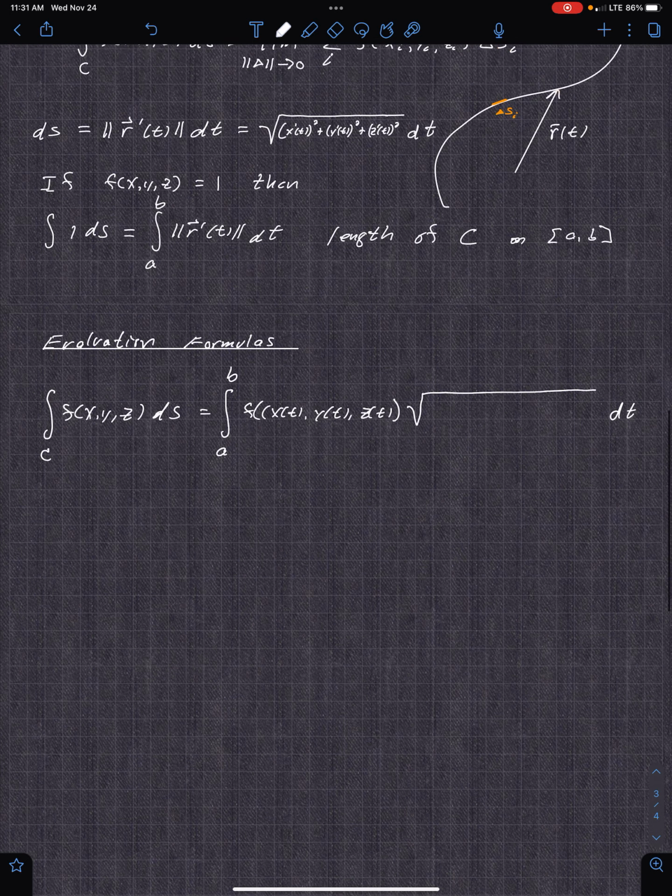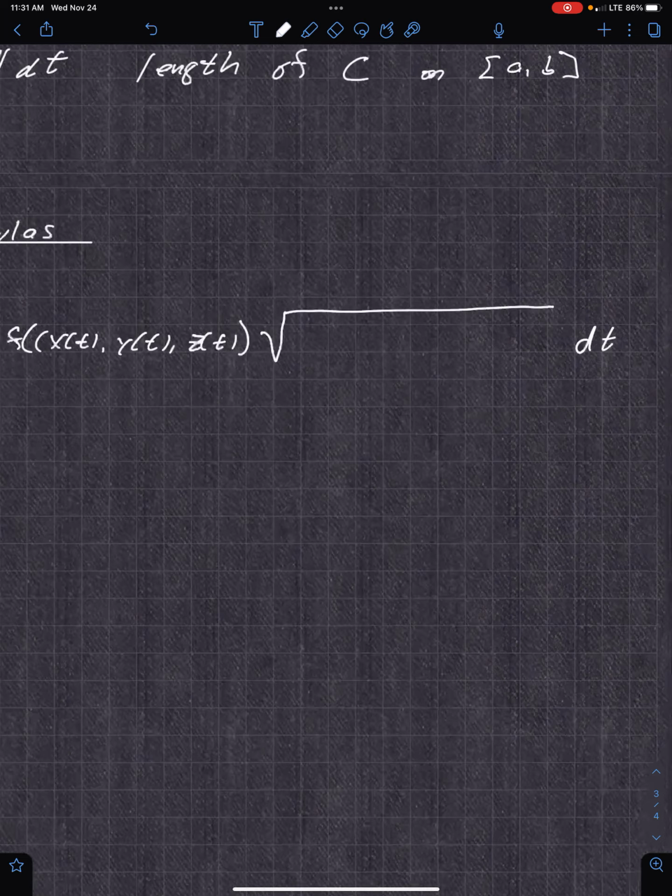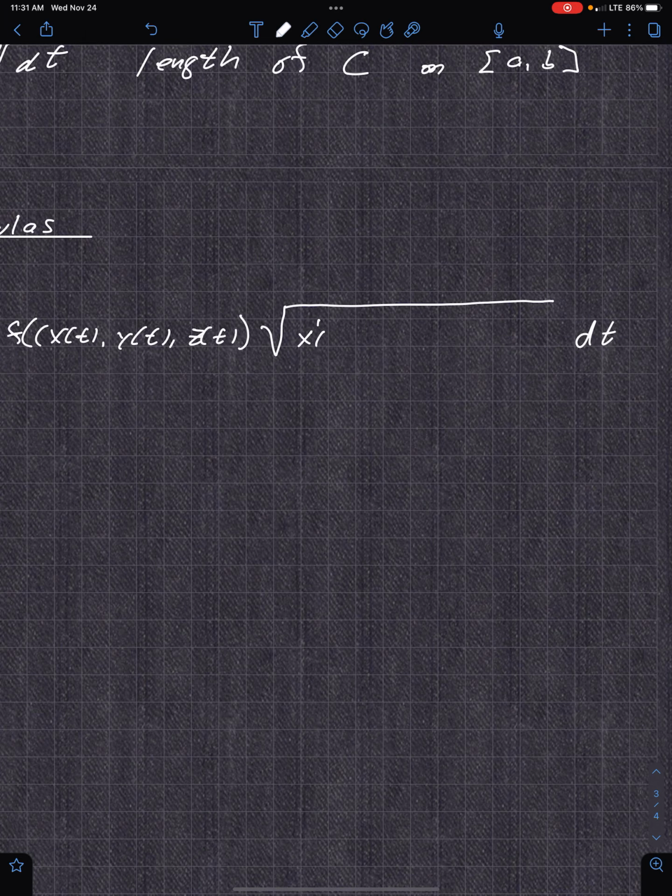So that part is the same as this. That's x'(t) squared plus y'(t) squared plus z'(t) squared.